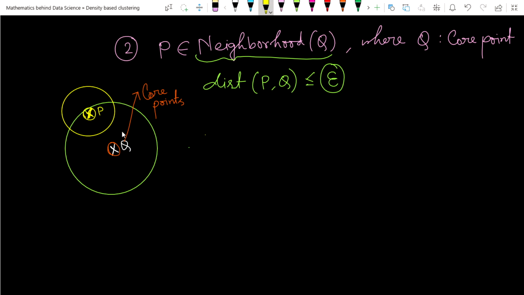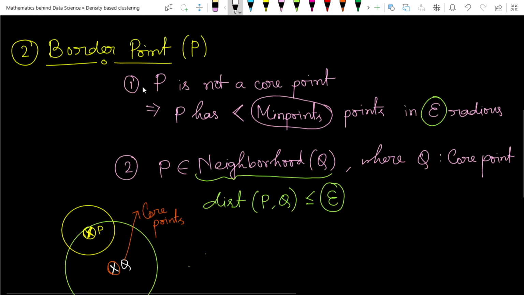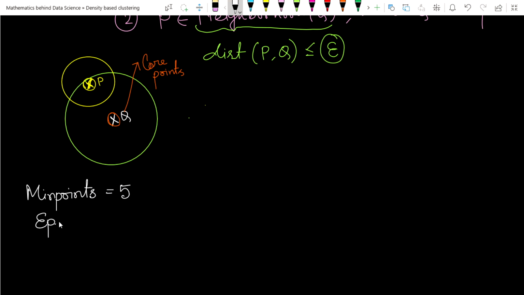But the question is the minimum number of points. Let's say the minimum number of points we have taken here is 5. So min points is equal to 5, and epsilon, which we denote through this symbol, is equal to 1.0.